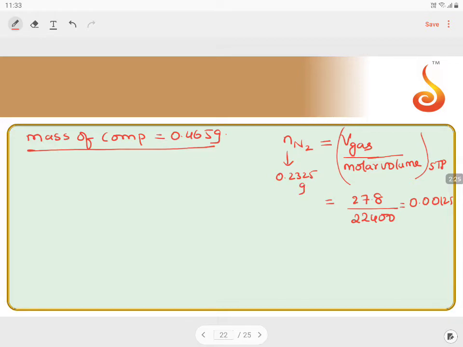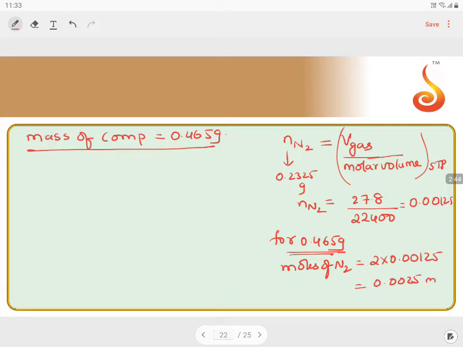Now for 0.465 grams, moles of nitrogen is equal to 2 times 0.00125, which is equal to 0.0025 moles.